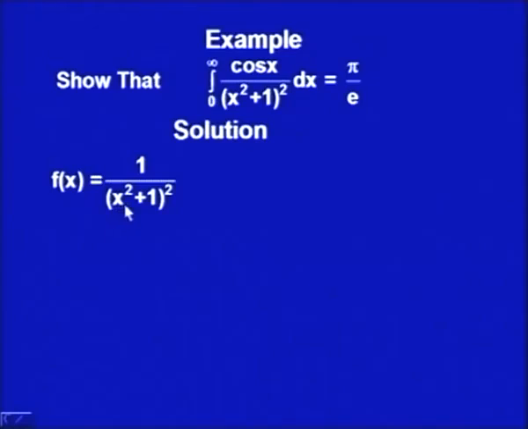The denominator q(x) is (x square plus 1) whole square. Certainly, it is also a polynomial whose degree is 4. So f(x) is the ratio of two polynomials. None of the polynomials have any factors in common, and the degree of the denominator is 4, the degree of the numerator is 0. So the condition is also satisfied.